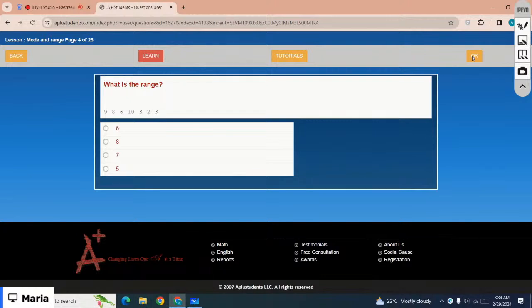The largest number is 10 and the least one is 2. So 10 take away 2 is 8. The range of the given data is 8.